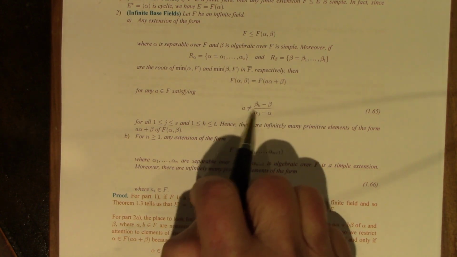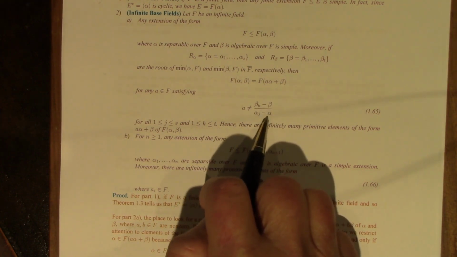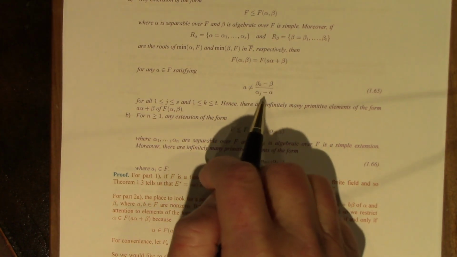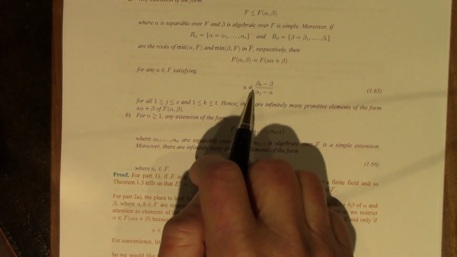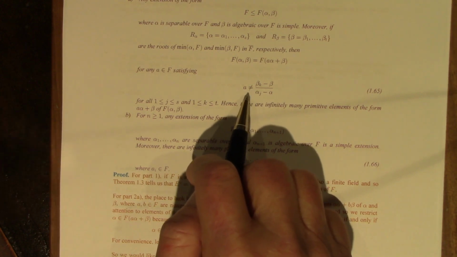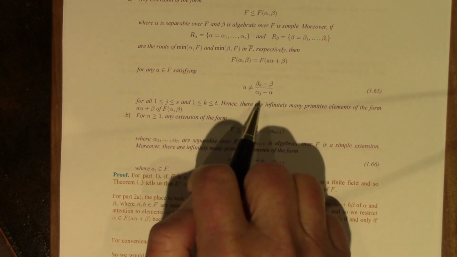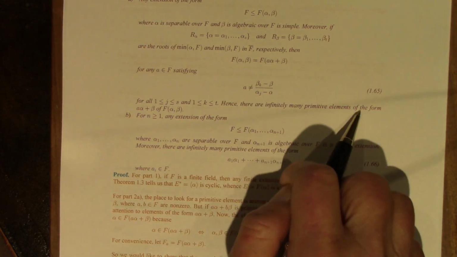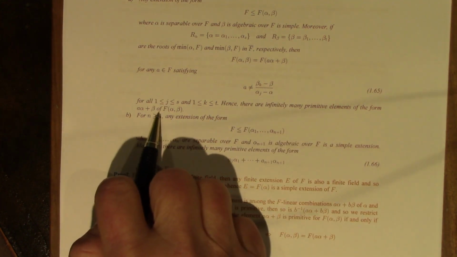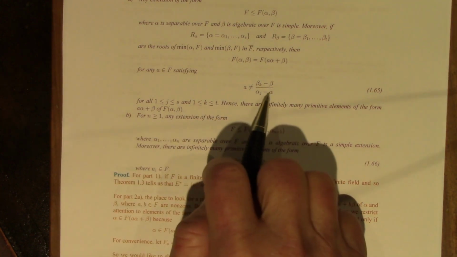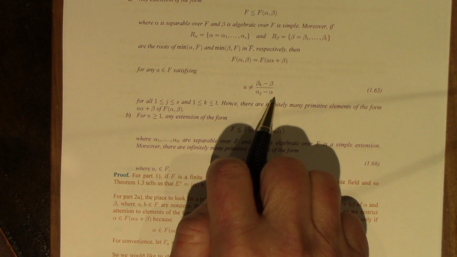A cannot be equal to these quotients. Well, since the field F is assumed to be infinite, but there's only a finite number of these quotients, there are infinitely many primitive elements of this form. And all you have to do is choose an A that fits this condition.